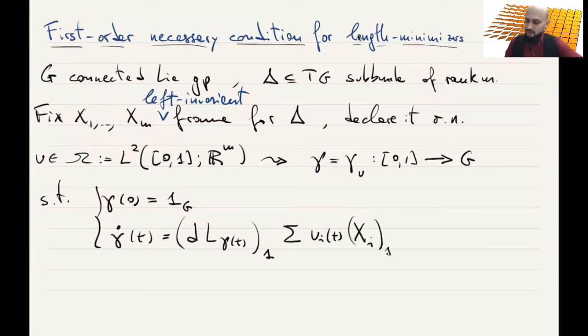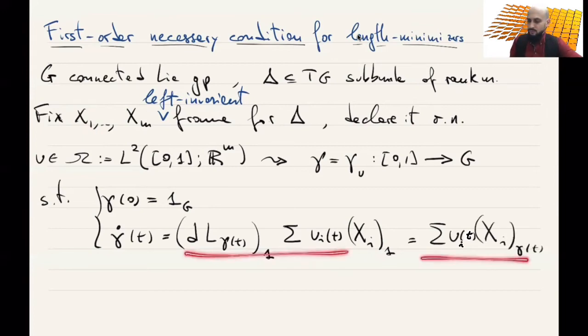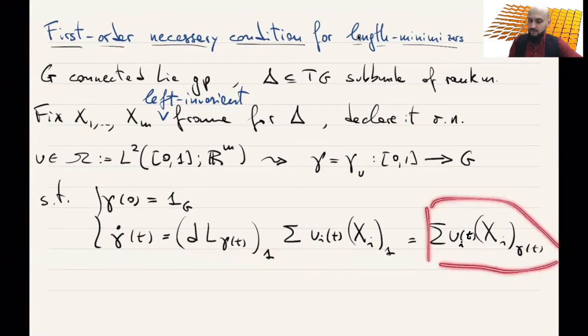Of course, I could just write that the x_i are left invariant, right? So I can just write u_i x_i at gamma t. But it's good to have both points of view. You see, this vector and this vector really have the same norm.